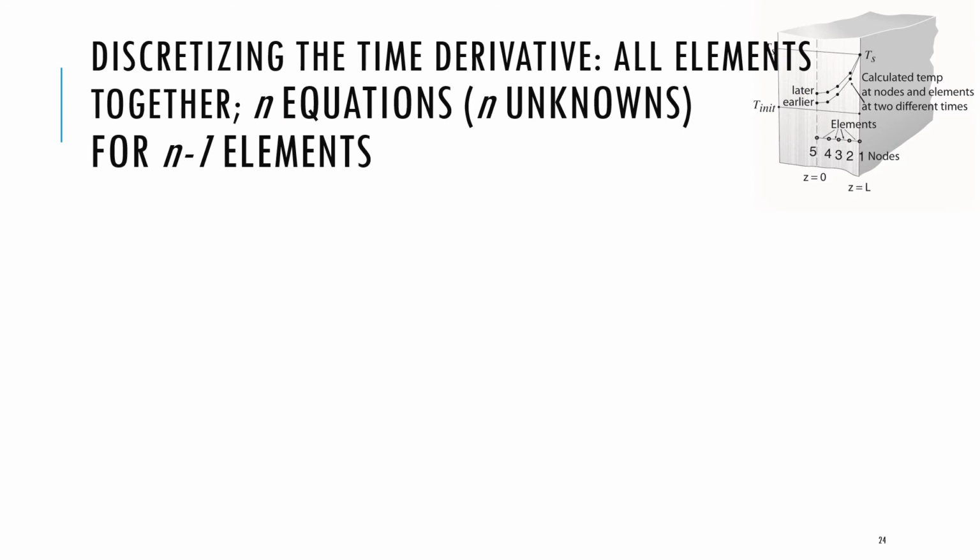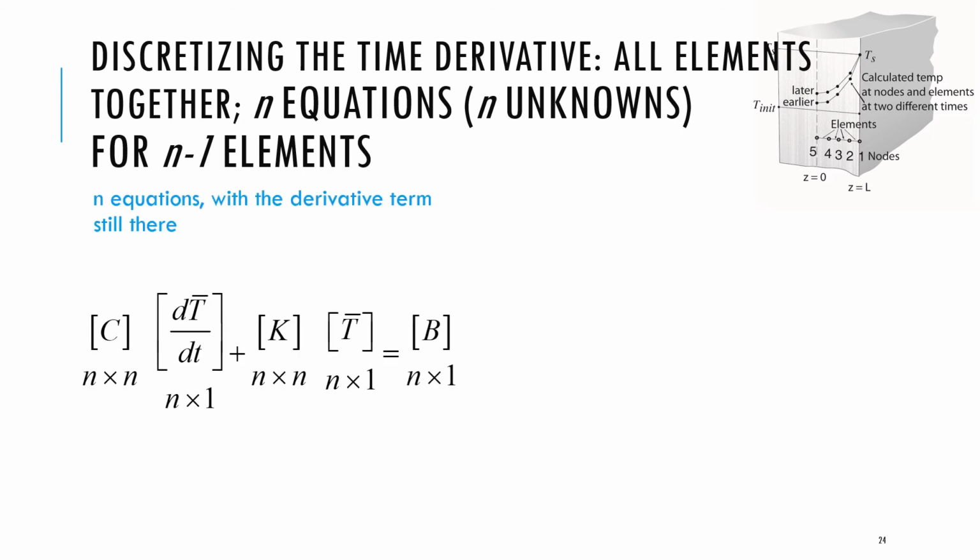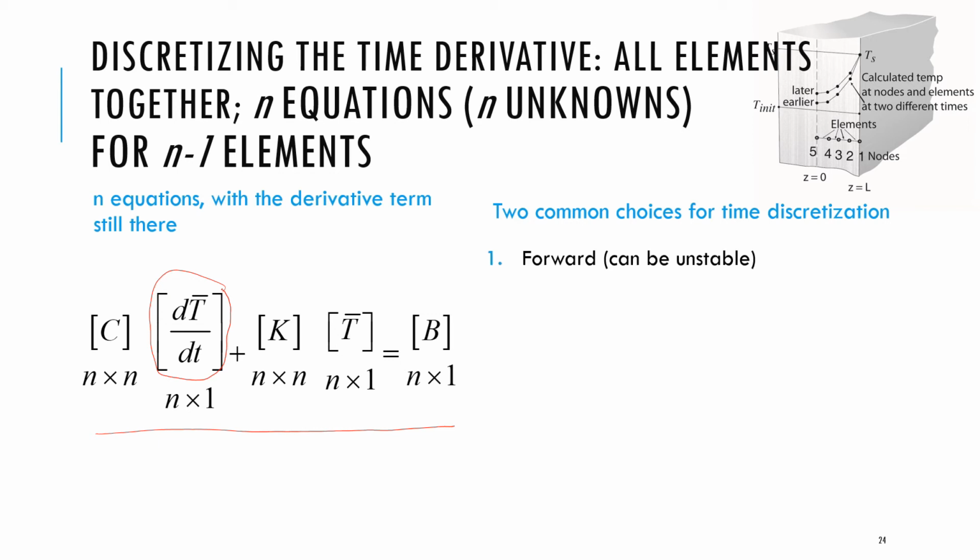We now go back to the full system of equations to change the time derivative. This is the full set of equations, and it still has the time derivative in it, which we now want to change. There can be many ways of writing the derivative. One we already tried a few minutes ago. The two common choices for discretization: one is forward, which is the one I just did a few minutes ago.